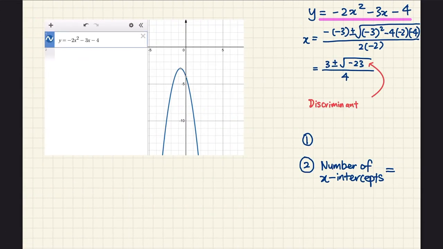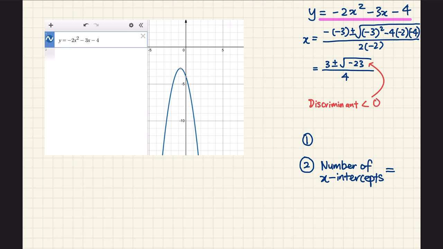Again, here we have this example: y equals negative 2x squared minus 3x minus 4. If I proceed to solve this by setting y equals 0, in the same way as we have done before, you notice that the number inside the square root, which is b squared minus 4ac, is a negative value. So we say that the discriminant is less than 0.